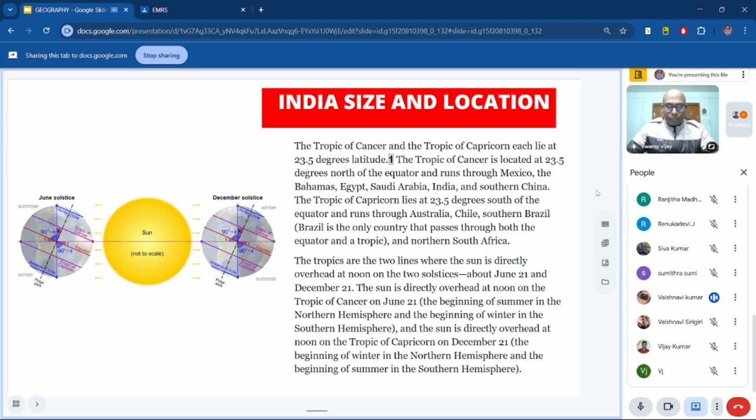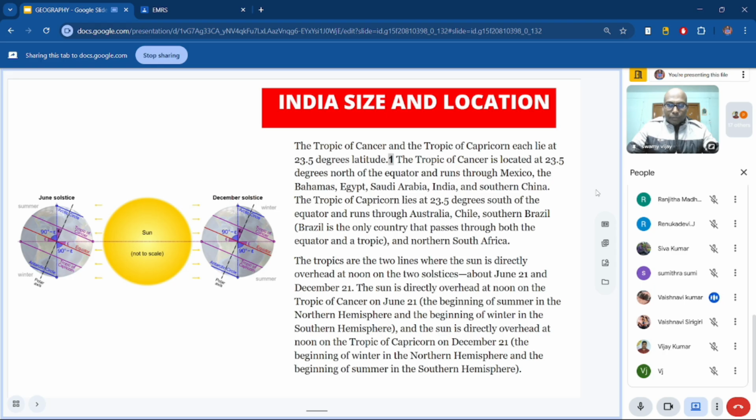The Tropic of Capricorn lies at 23.5 degrees south of the equator and runs through Australia, Chile, southern Brazil, and northern South Africa.